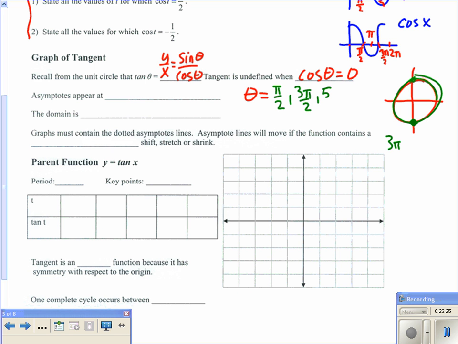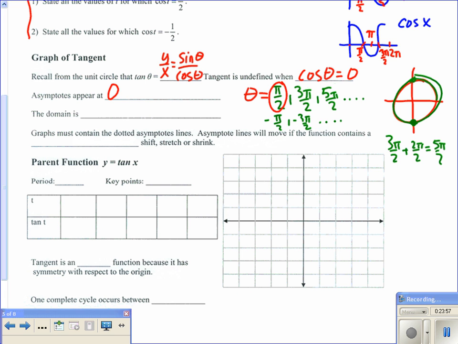So we have 3 pi over 2 plus another pi, which would be 5 pi over 2, okay. And I could keep on going around my circle. I can also go in the negative direction, so negative pi over 2, negative 3 pi over 2, etc. So notice that we're hitting at odd multiples. Usually when we write this out, we start with the first place that we have, which is pi over 2.